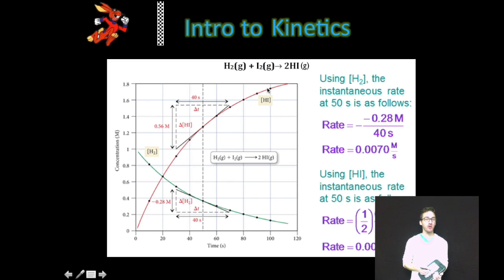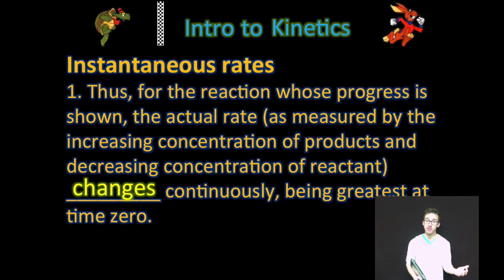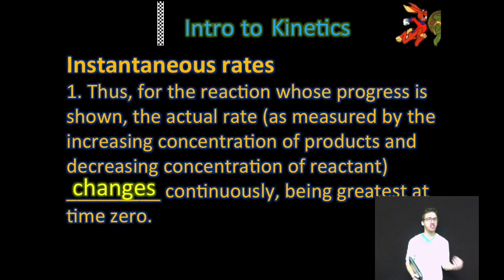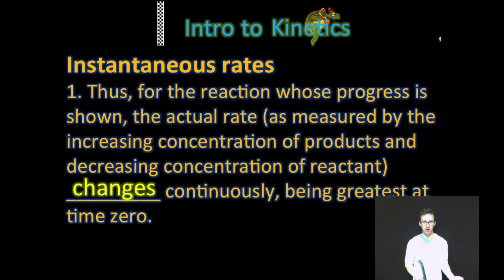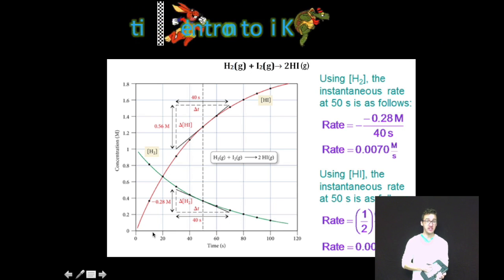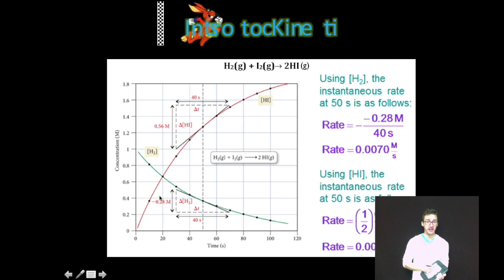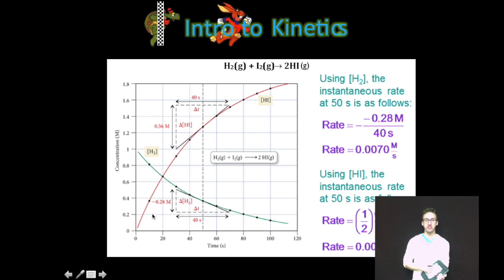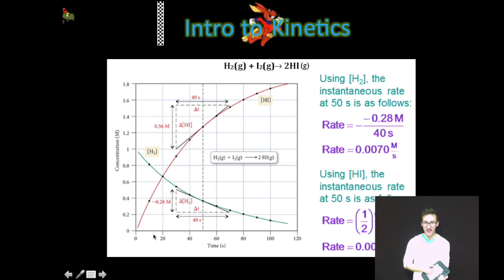So although the average rate of a reaction is one important way to define the rate of a reaction, it's important to keep in mind that the actual rate changes continuously, being greatest at time zero. Again, notice initially our rate of change, or the change in concentration of our products or reactants over time, is greatest initially.